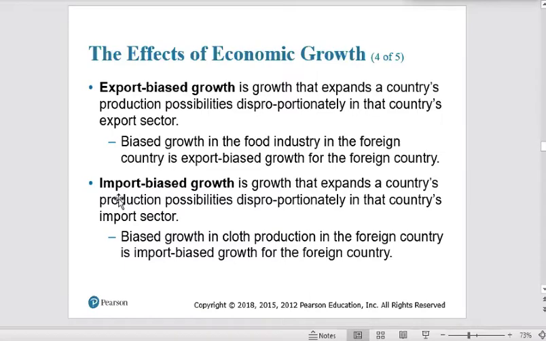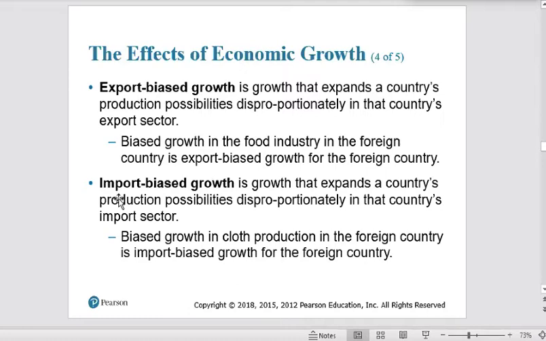Now, we have seen when there's a bias growth towards productions. We look at terms of trade, and how terms of trade is impacted by the bias growth. Then we use the terms of trade to analyze the welfare impact for the whole country.